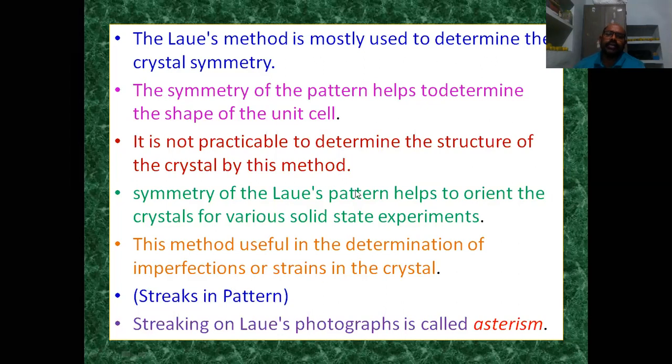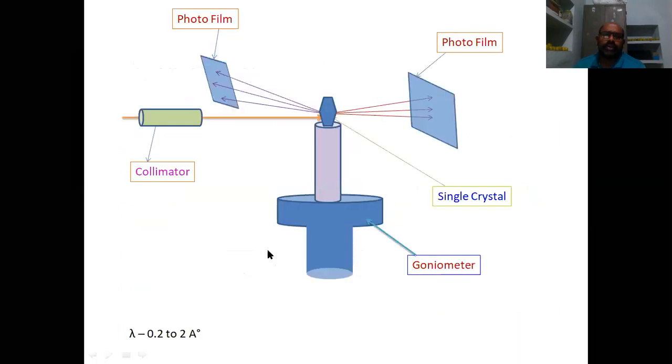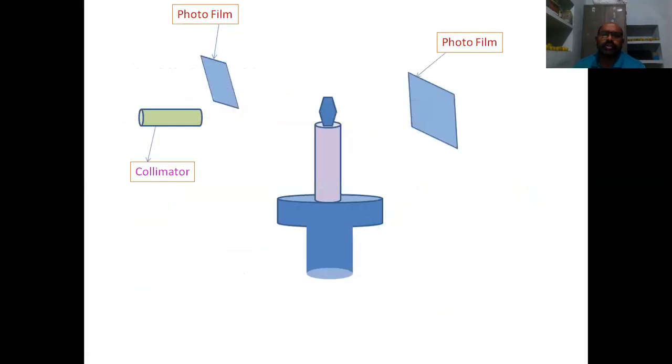Generally we get Laue spots, bright spots. Instead of bright spots we observe streaks in the pattern. This streaking on the Laue photograph is called asterism. So in this way, we have seen the Laue method in X-ray diffraction.